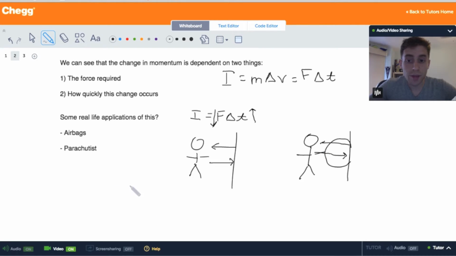Same thing with a parachutist. When you're parachuting and you go to land on the ground, if you bend your knees, you greatly decrease the force that your knees will feel, because this causes the change in momentum from going from some speed to zero speed to occur over a greater period of time, so you feel less force.